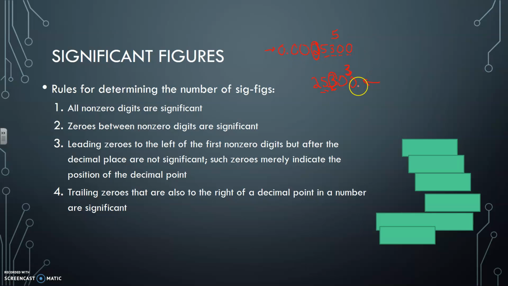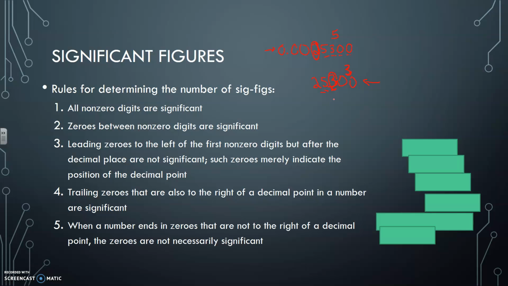If you do not have a decimal point, start on the right side and then start counting when you hit the first non-zero number. Okay? Where this gets even trickier is, well, in this case here, where we have the 25300, we don't have a decimal point, so we start on the right side of the number and start counting going left.